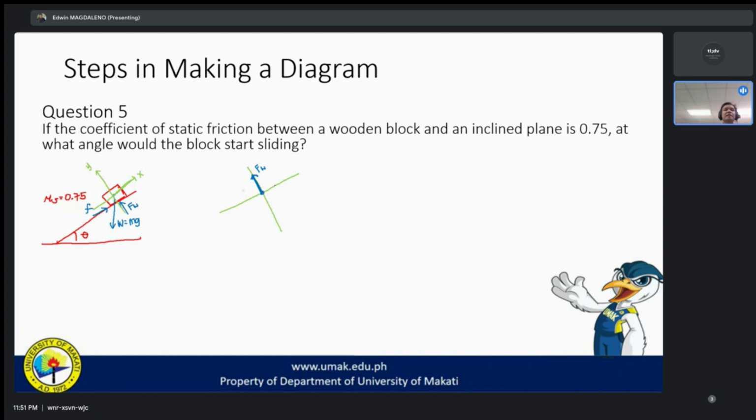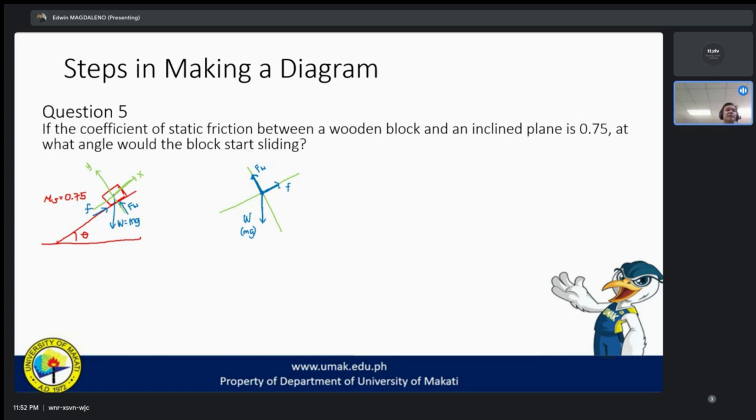The next is the frictional force, which is parallel to the x-axis. So we draw the frictional force, once again originating from the origin. And finally the weight, which should always be downward. So we have here the weight, which is equal to mass times gravity.